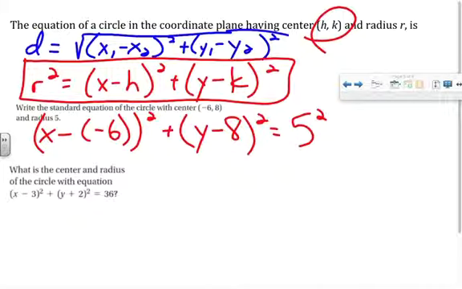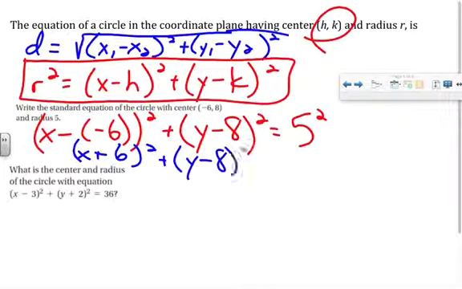It'd be very unlikely that they would expect you to square this and FOIL this out and do wild and crazy things to it. At most, I would imagine they would want you to clean up this minus and negative so that you have x plus 6 quantity squared, leave this y minus 8 quantity squared equals 25. And that's what the equation of the circle would look like.